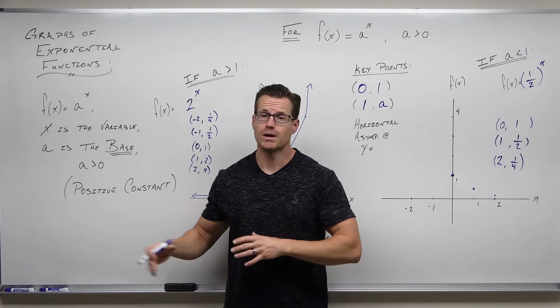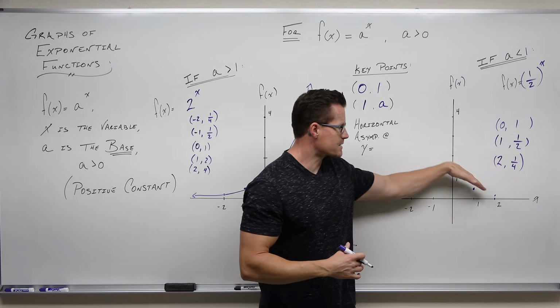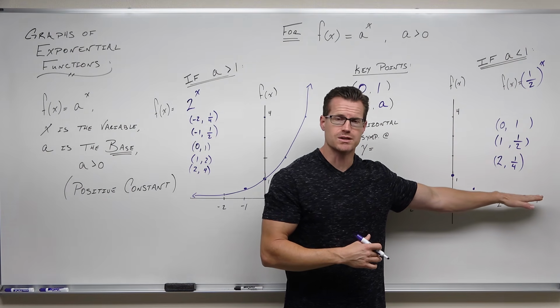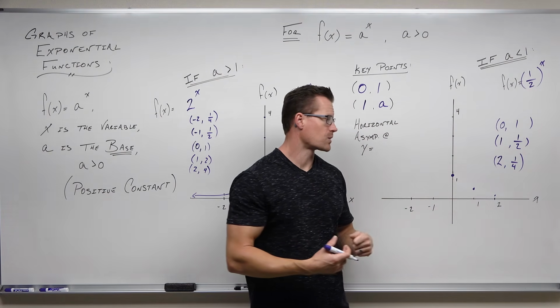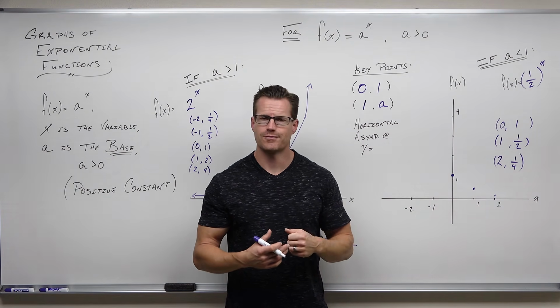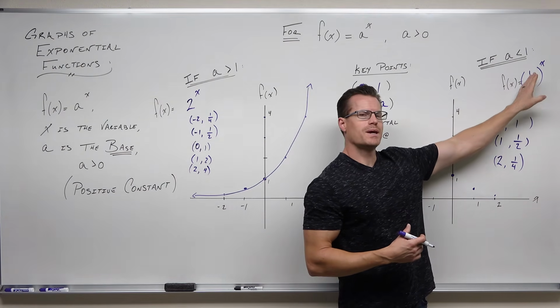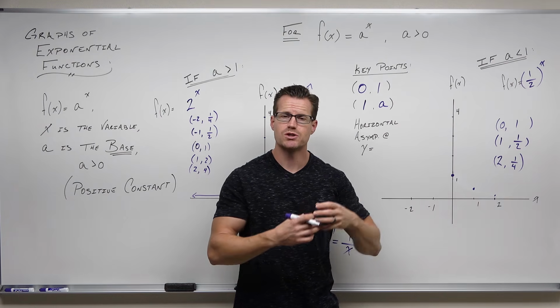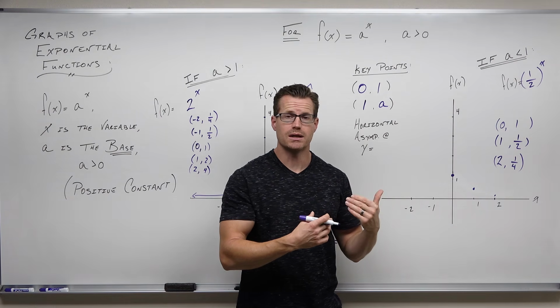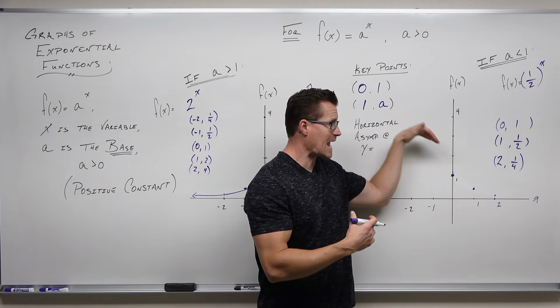Same question as this one. Can we ever get this to touch 0, touch the x-axis, or be negative? Well, if I plug in 3, I'm going to get 1/8, 4, I'm going to get 1/16, 5, I'm going to get 1/32, 6, and so forth and so on. I can't ever make this negative. In fact, if you take a positive number to any exponent, you're not going to get a negative. We explored that here. This can't be negative.